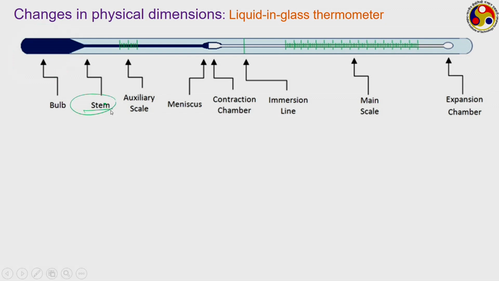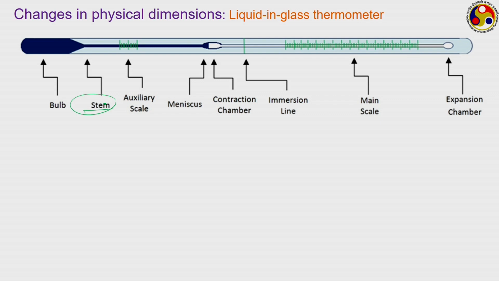The stem is generally made of annealed glass, and the property of the glass depends very much on the temperature range for which you are using it. Like, the scale that you use for measurement of sub-zero temperature may not be suitable when you are measuring temperature in the range of 200 or 300 degrees Celsius.